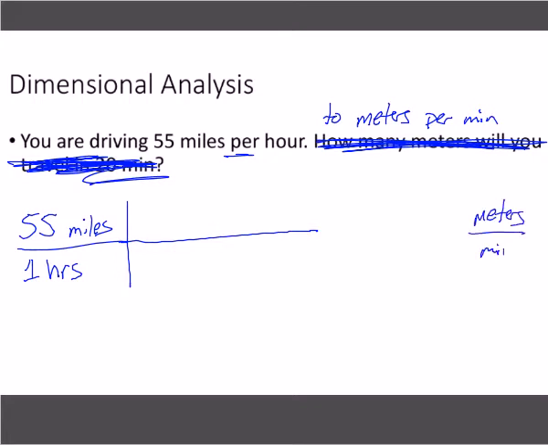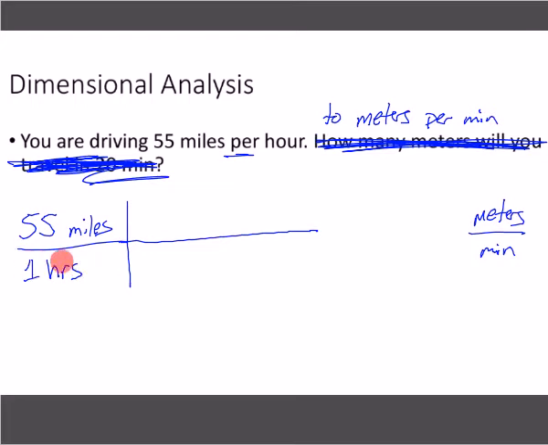meters per minute. How do you think we're going to solve this? Okay. We have to do 1 unit at a time. We'll start with miles, guys. Miles is going to pair up with which of our final units? Meters. So miles is a distance, meters is a distance.